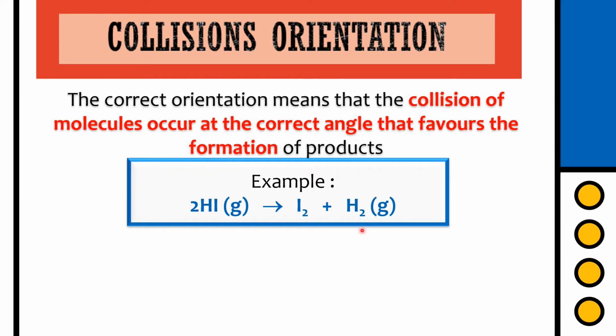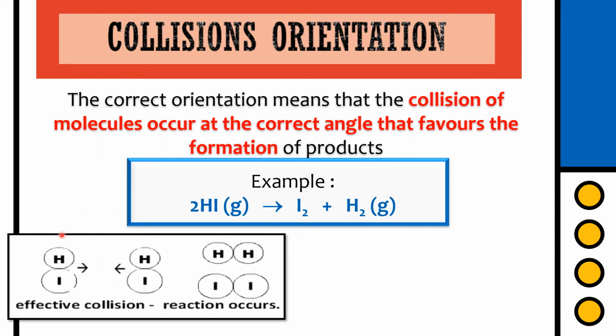I have a chemical reaction here, 2HI gas to produce I2 and H2. So my reactant is HI. The HI molecules will collide with each other to form iodine and hydrogen. Which orientation can form our product here? This is what we call an effective collision, where reaction will occur.